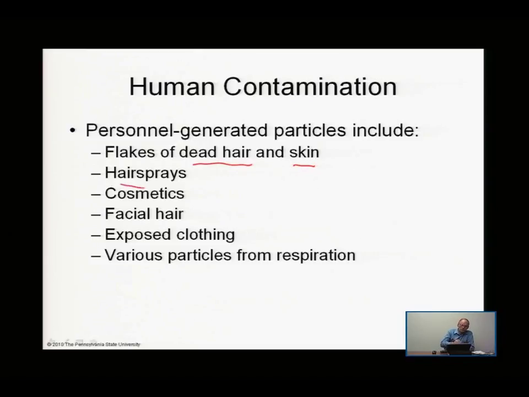Folks use hairsprays. That can be a source of aerosols. The aerosol particles can be huge. Remember, we're at the nanoscale here. We're making things that are so small that a tiny little aerosol particle floating around that lands on our product can be disastrous. Cosmetics can be a source of particles that are serious contamination.